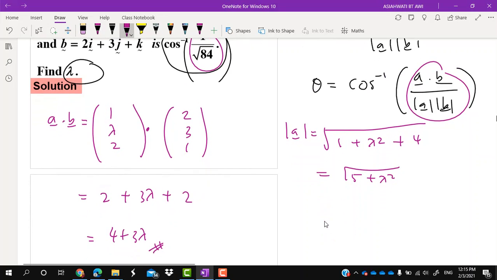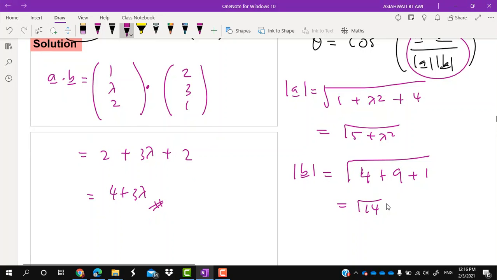Then find the magnitude for vector B: square root of 2 squared is 4, plus 3 squared equals 9, plus 1 squared, 1, is equal to square root of 14.